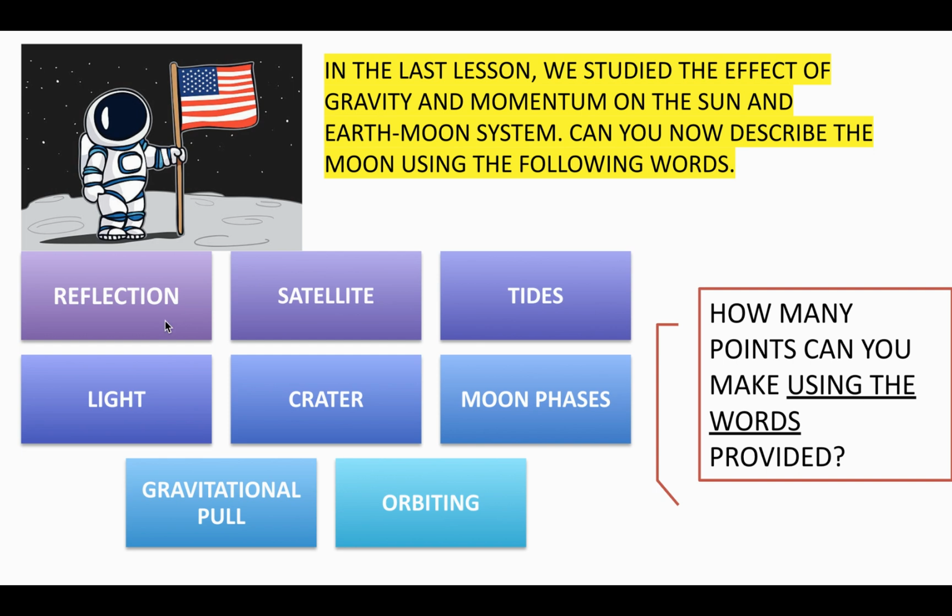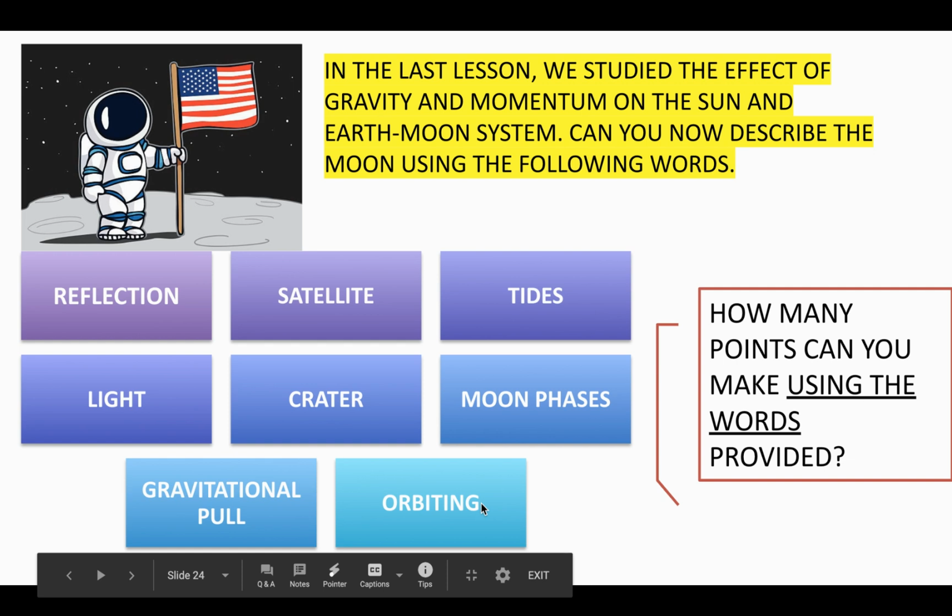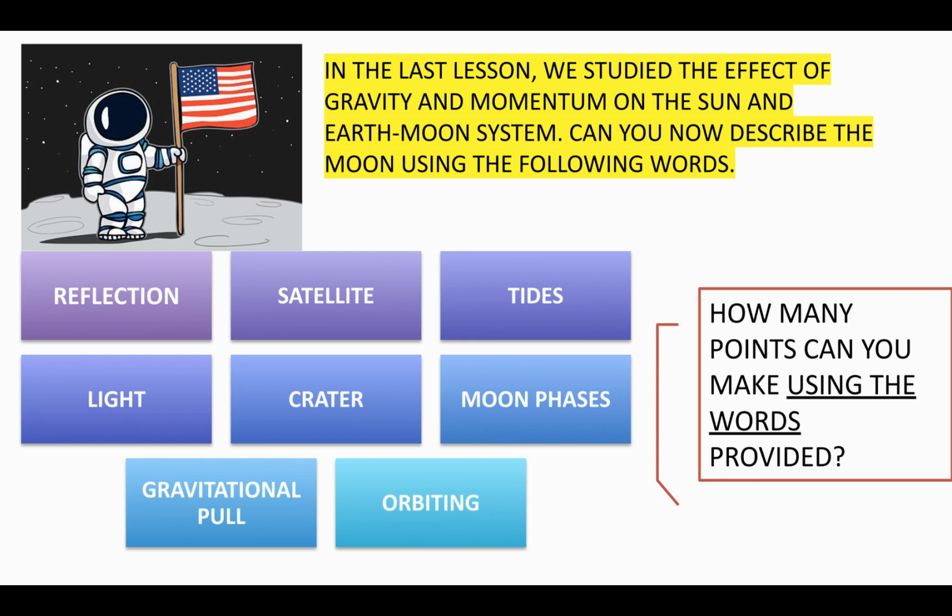The reflection of the light from the moon changes over 29 days, and this means that the moon appears to be larger or smaller in Earth's night sky. And this gives us the illusion of moon phases. The final word there is that the moon orbits the Earth. Okay, so it is a satellite, as I said, of the Earth.